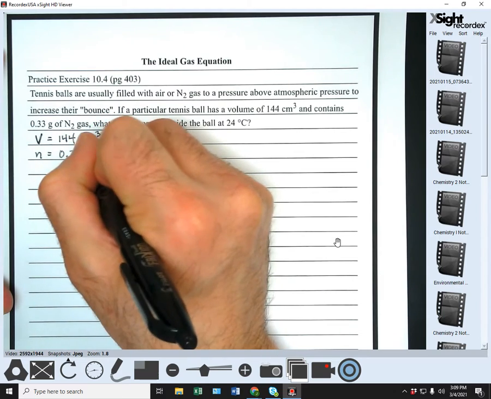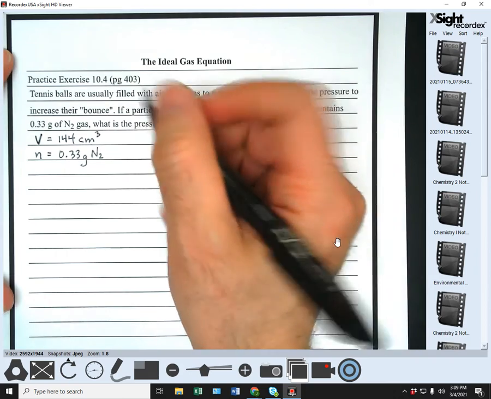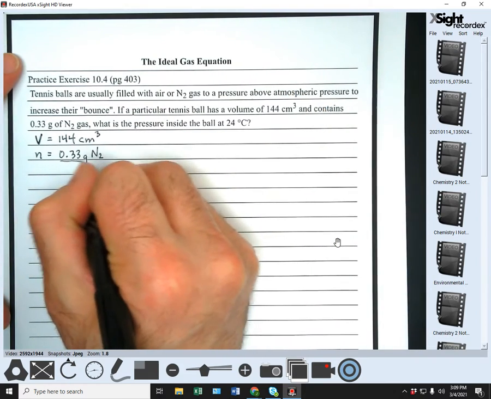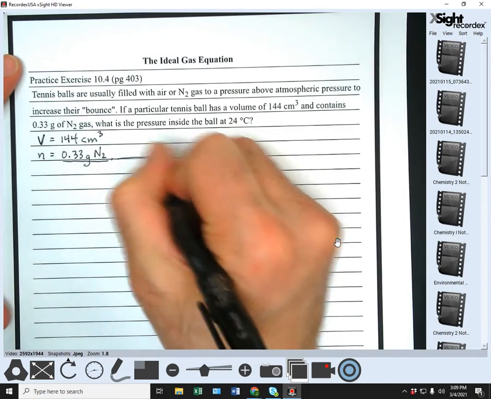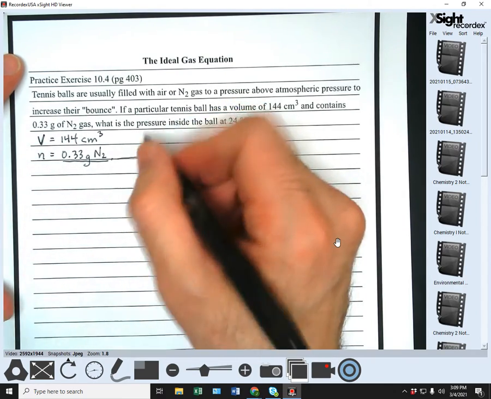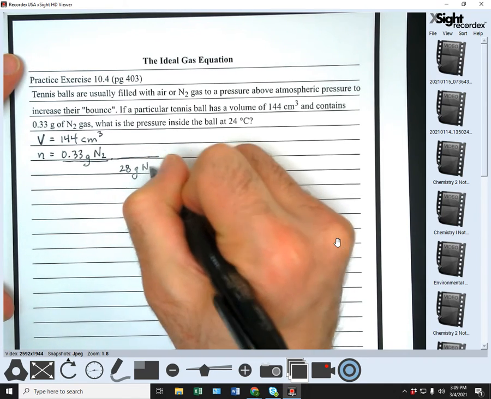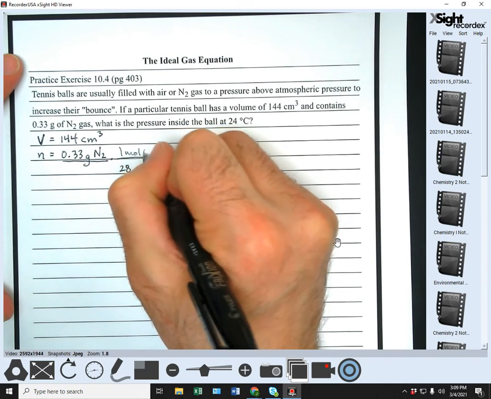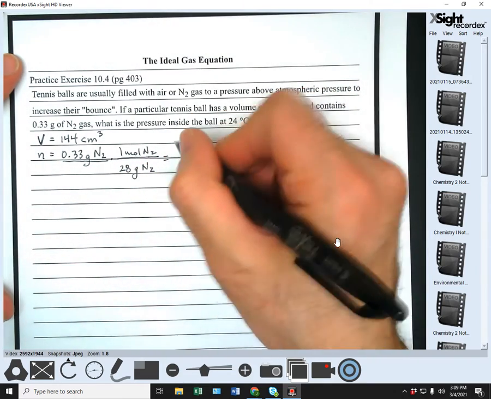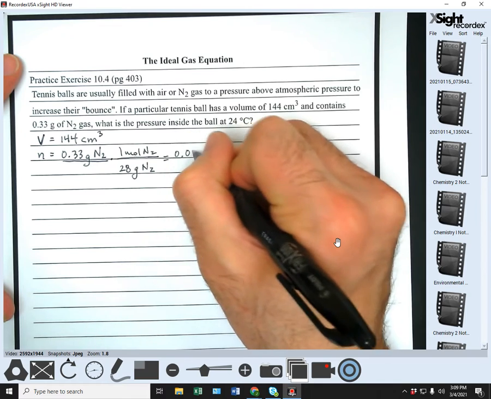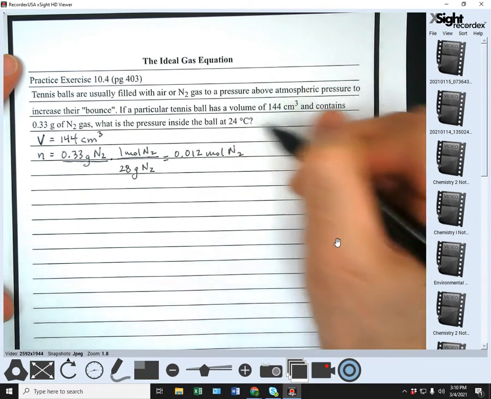And we're going to want that in moles. So nitrogen is 14, so it'd be 28 grams of N2 gas for 1 mole. And this kicks us out something like 0.012 moles of N2.